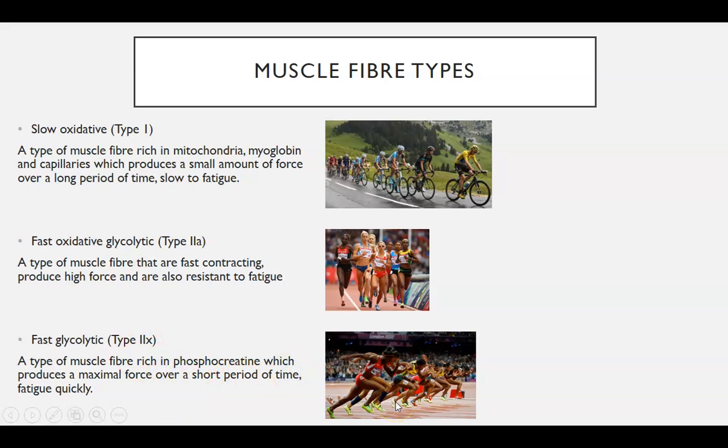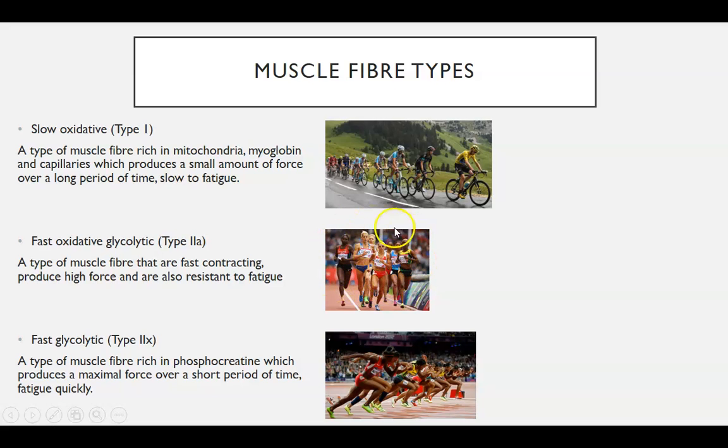Examples: 100 meter sprint, shot put, javelin, long jump, anything that is really high intensity. So we go from slow oxidative, long endurance events, long duration, low intensity, slow. Then we go to our first fast twitch, fast oxidative glycolytic.